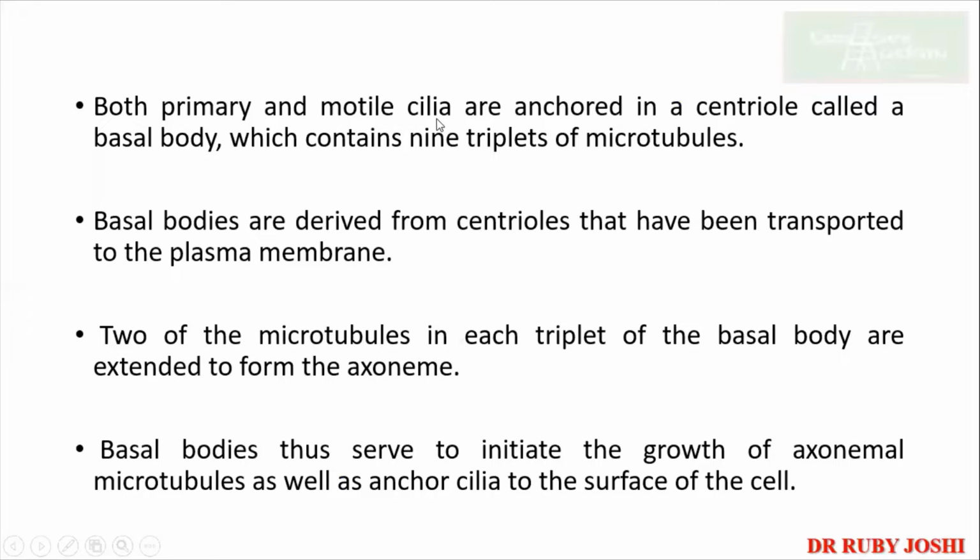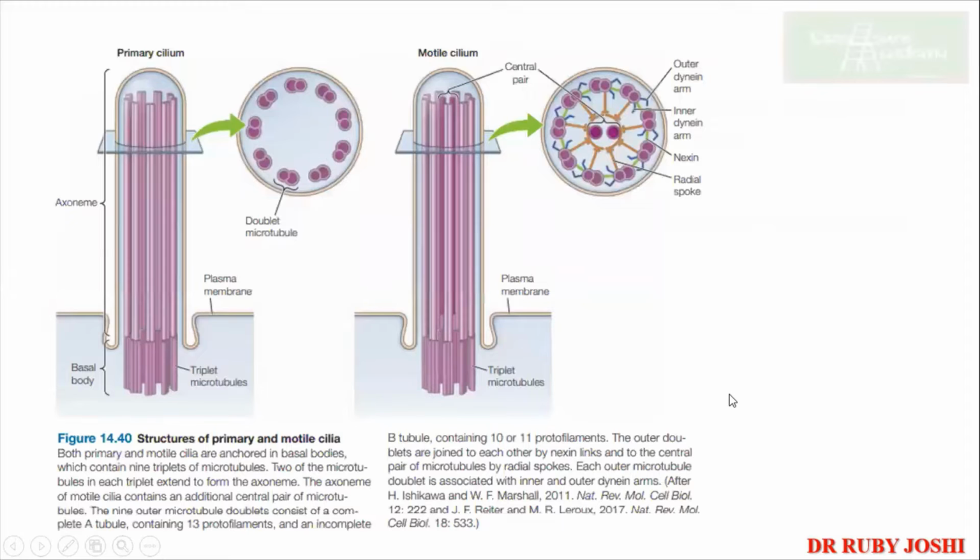That is cilia, and it is anchored in the centriole. Two of the microtubules in each triplet of the basal body are extended to form the axoneme, and basal bodies thus serve to initiate the growth of the axonemal microtubules as well as anchor cilia to the surface of the cell. Now, once you see the image, it will be clear.